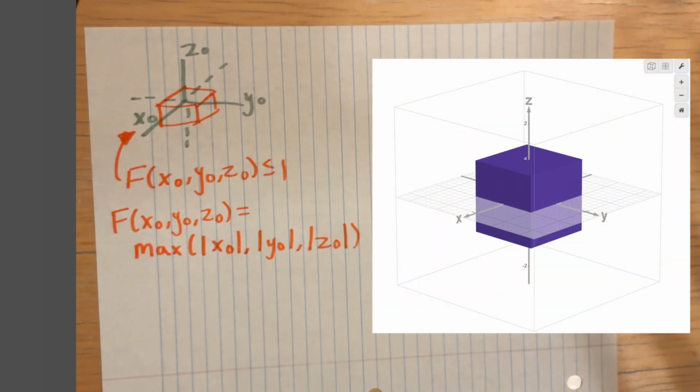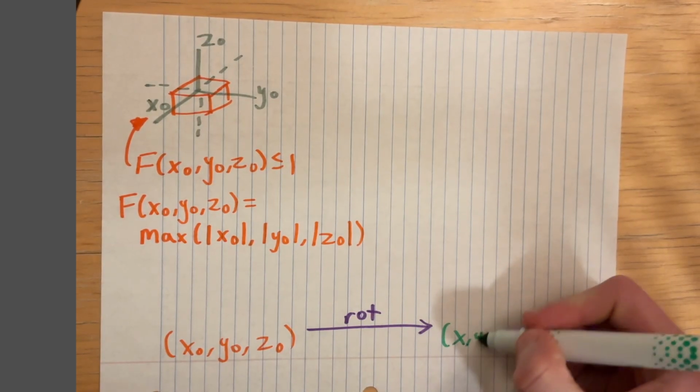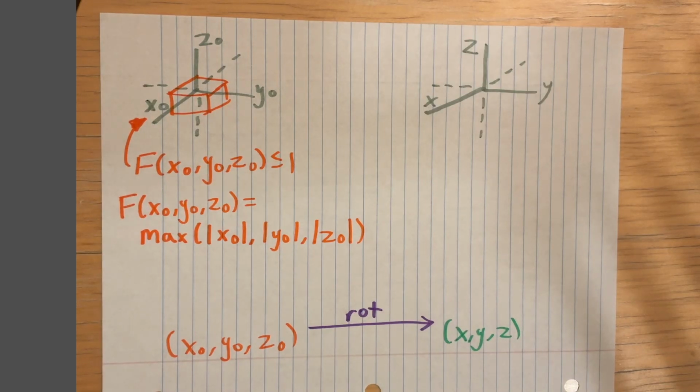But this only allows us to display a cube in one orientation. We want any orientation. To remedy this, let's create a transformation that performs a rotation about the origin to get from x0, y0, z0 to xyz. The exact details of this rotation function are not very relevant.